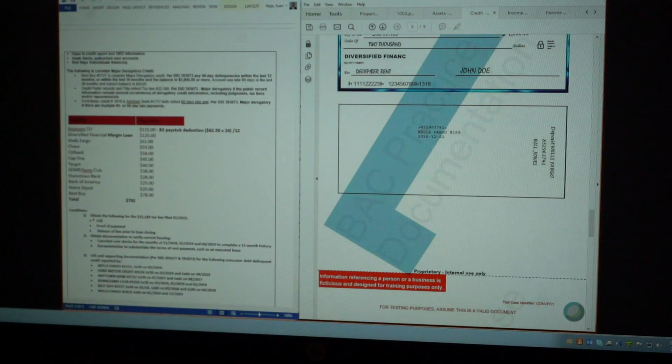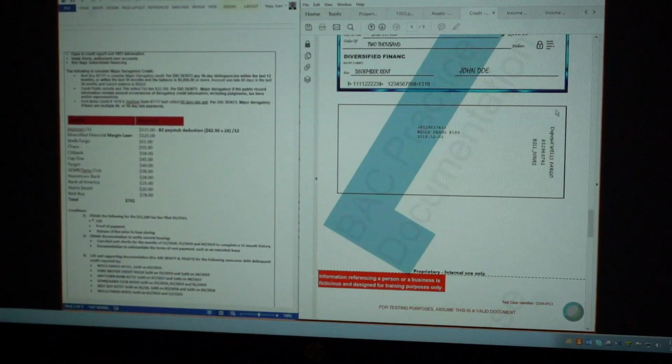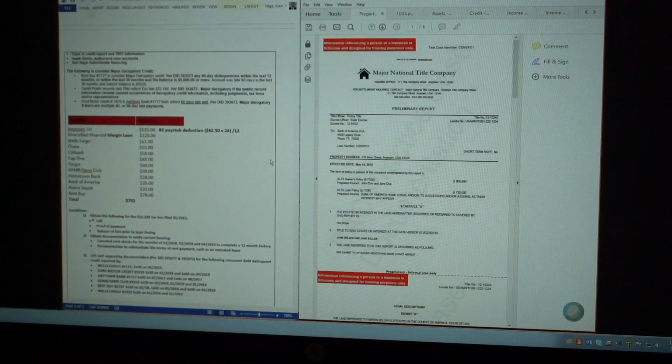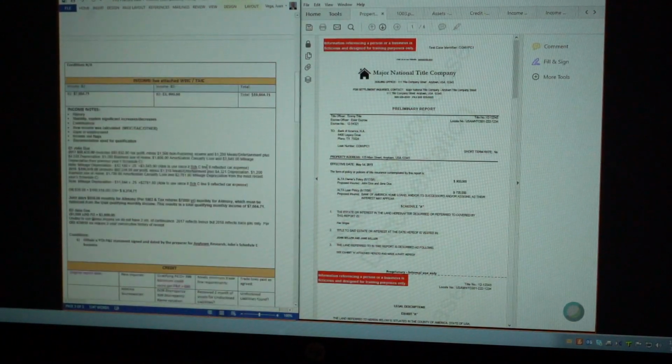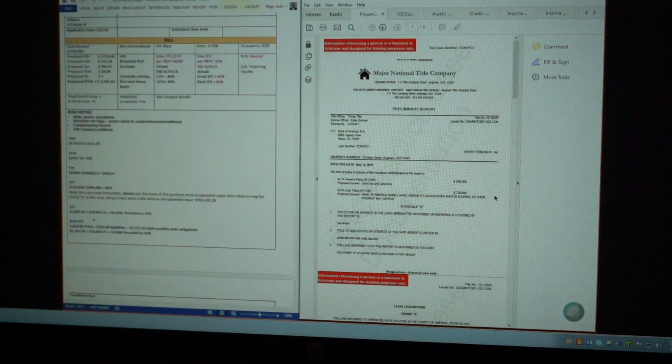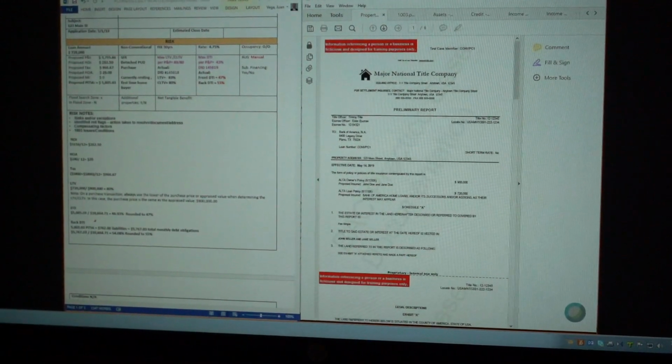So, what else do we have here? Let's look at the title real quick, so we can do our PITI calculation. All right, so for my title, I have a purchase contract here.